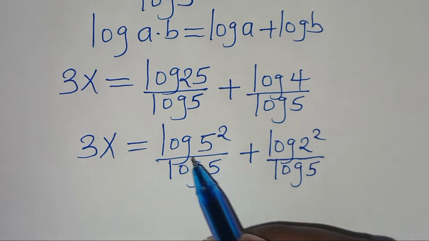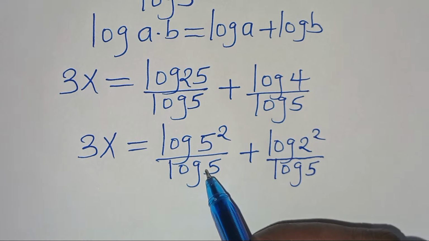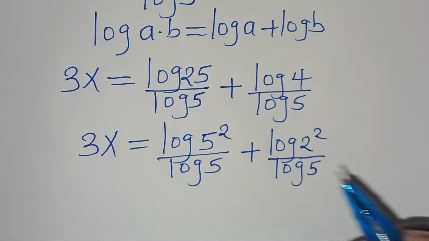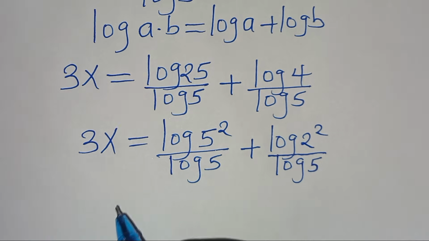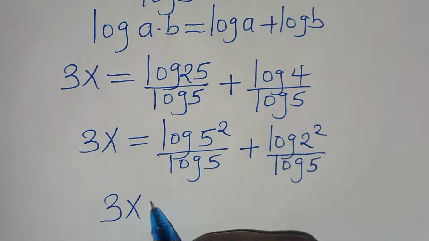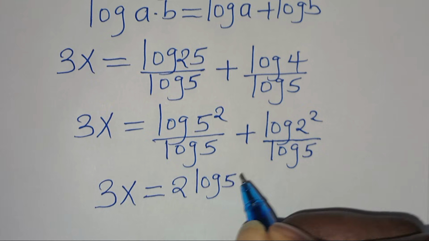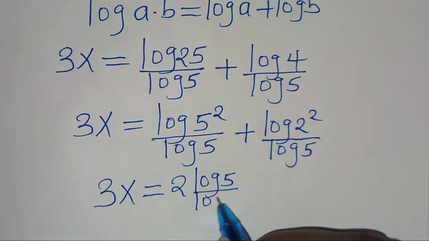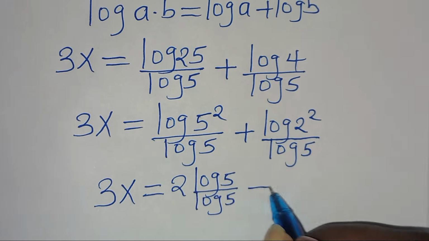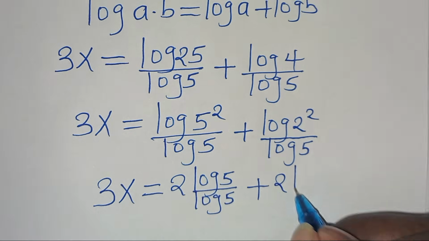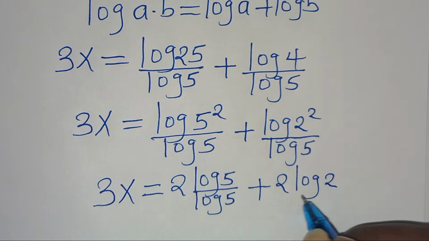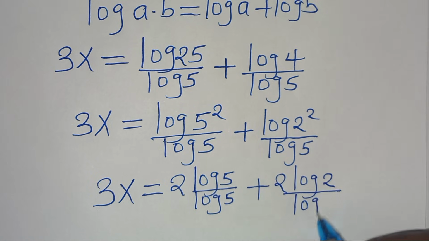Now, applying the power rule property here, log 5 to the power of 2 and log 2 to the power of 2 become, this is 3x. So this is equal to 2 log 5 divided by log 5 plus 2 log 2 divided by log 5.